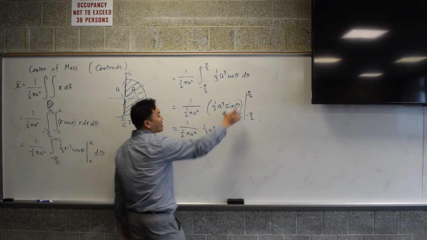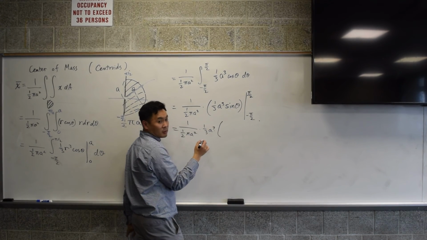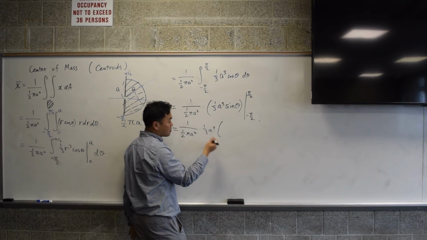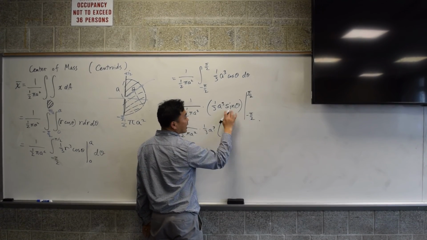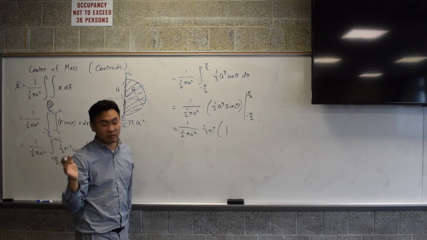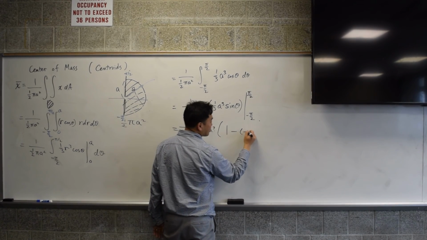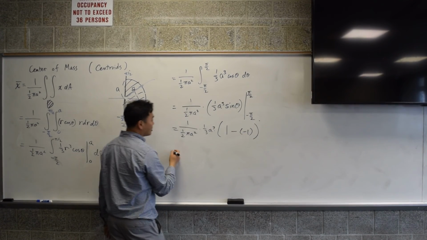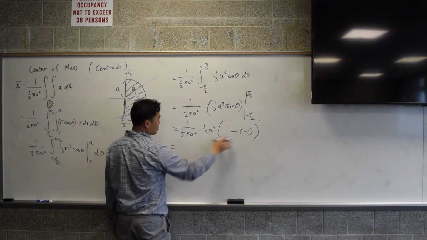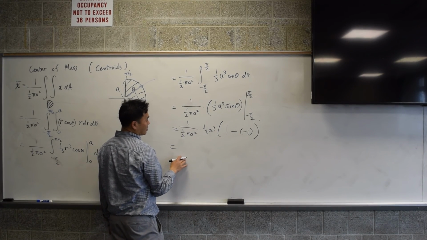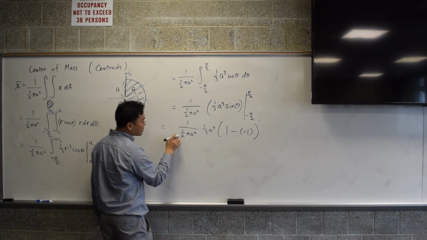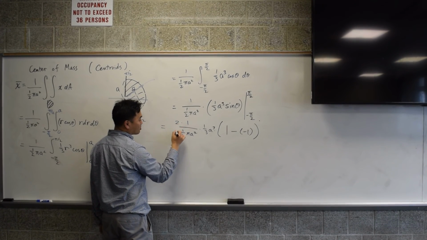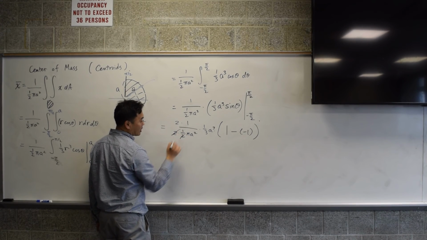If you plug in π over 2 to sine, what do you get? Sine π over 2 is 1. Sine of negative π over 2 is negative 1. So you subtract negative 1. That's 2, right? And I don't like this 1/2, so I should multiply 2 at top and bottom to get rid of it.